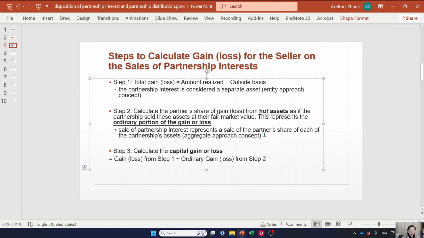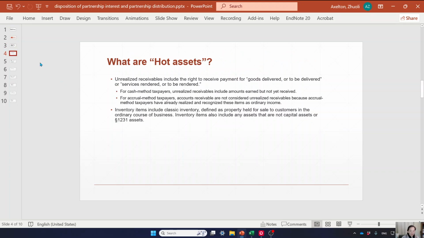Once we figure out step two, step three is pretty simple and straightforward: it's the gain or loss from step one minus the ordinary gain or loss from step two. Essentially, we characterize a portion of the gain or loss as ordinary, and the remainder is the capital gain or loss.